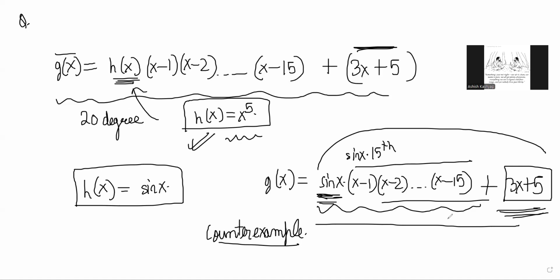I hope you understand what I'm saying. Even though it is still differentiable. Correct? Okay. So option D is false. The correct options are 1 and 2.